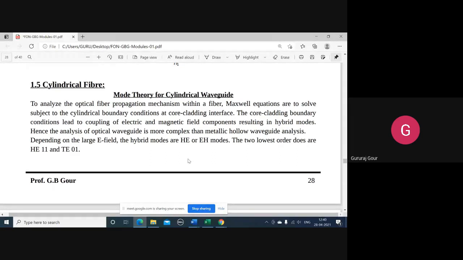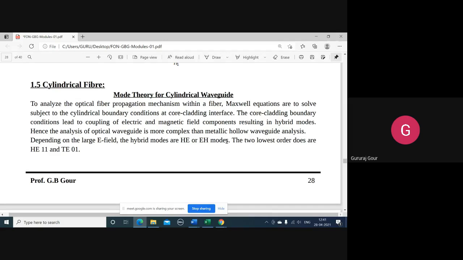Multi-mode is very heavily supported by the cylindrical guide compared to the planar guide. These modes are represented by both fields here in the case of the cylindrical guide, and we are going to call them EH or HE modes. The two lowest order modes are represented by TE01 or HE11. Not to worry, we are going to study these modes in detail later.